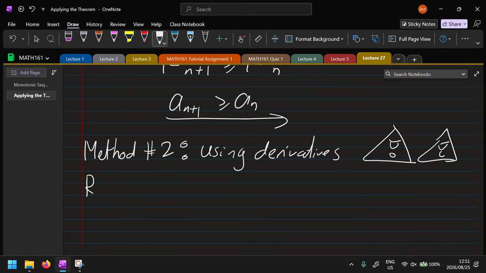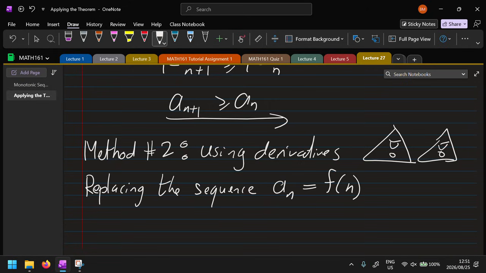There are 2 things that you need to worry about. Replacing the sequence a sub n with a differentiable function. So we write it as f of n, where f is a differentiable function.